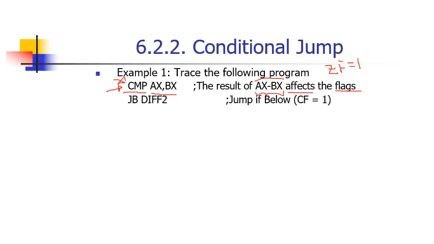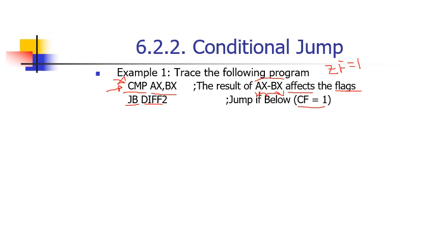Okay. Jump if below to somewhere which is named def2, which means if AX is lower than BX, which means you would need definitely a borrow and your ALU sets the carry flag bit.